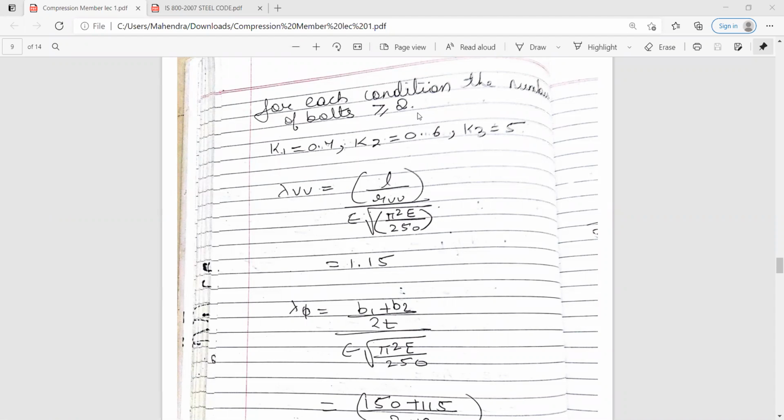So L यहाँ पे आप कितना लोगे? 2.5 meter. So here L you have to take it in mm. So 2500 you have to consider the value for L. If it is given in the problem, then you have to take that value. But here it is not given, so you have to assume the length of the member as 2.5 meters.